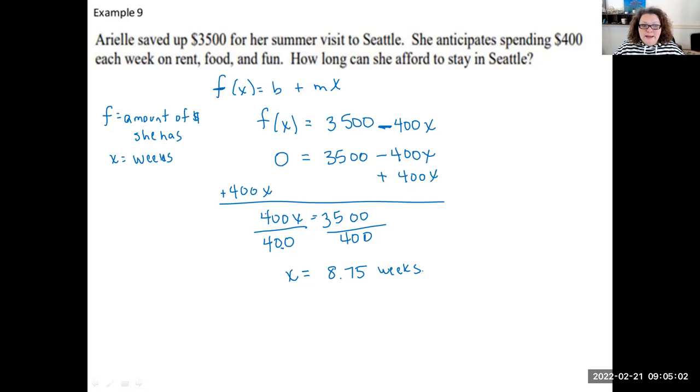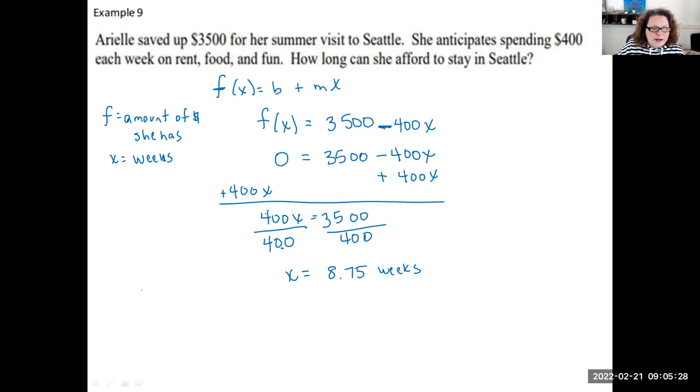So if you wanted to say she could stay a total of 8 weeks instead of 8.75, I would accept that. If you told me she could stay 8.75 weeks, I would accept that. If you told me she could stay 8 weeks and then told me how many days that corresponds to, I would most definitely accept that, probably give you extra points, just because that's extra work.